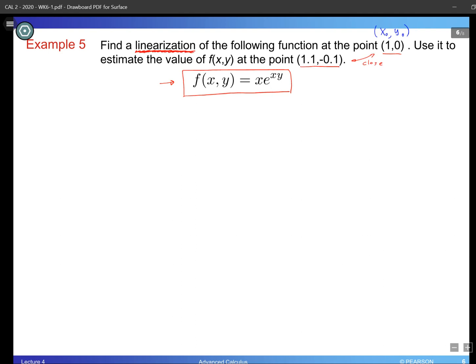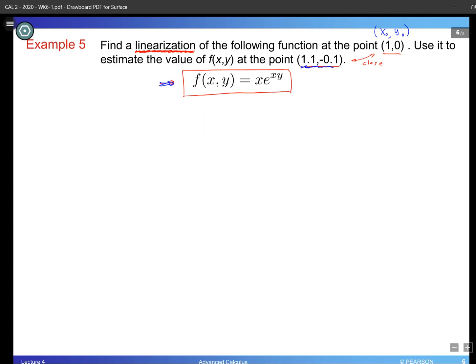Reading up to here, some of you might ask me, why do we need to estimate at all? Because we have the formula for the function available right here. If we want to find the function value at this point, (1.1, minus 0.1), why don't we just plug these numbers into this formula and get the function value out of that? Well, yes, we can. Let's do that.